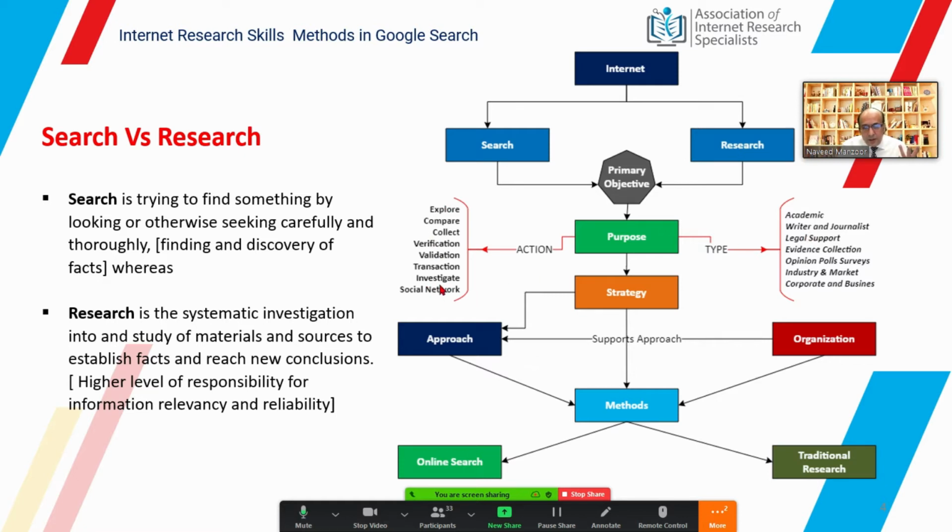So these are the different actions, and each action may require some sort of planning for you to execute your search on the web, especially when we discuss what is involved in doing these actions, like what is the verification strategy, what is the strategy for comparing things, exploring, and so on.